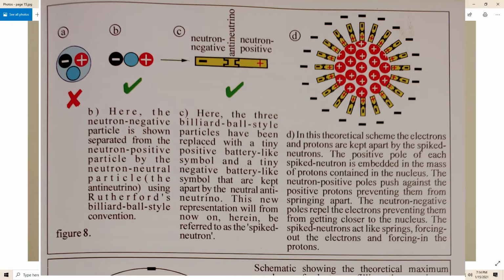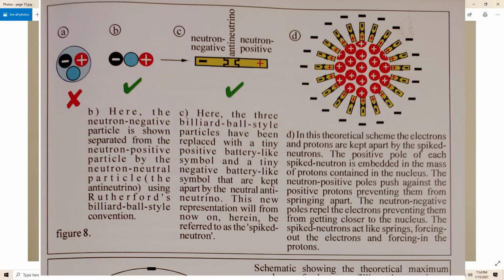The electron and protons are kept apart by the spiked neutron. The positive pole of each spiked neutron is embedded in the mass of the protons contained in the nucleus. This causes the neutron positive pole to push against the positive protons in the nucleus, preventing them from springing apart.